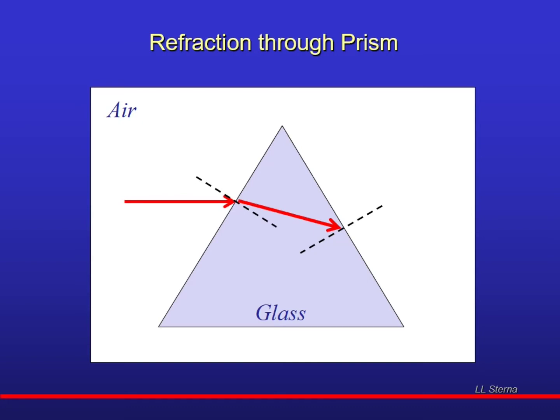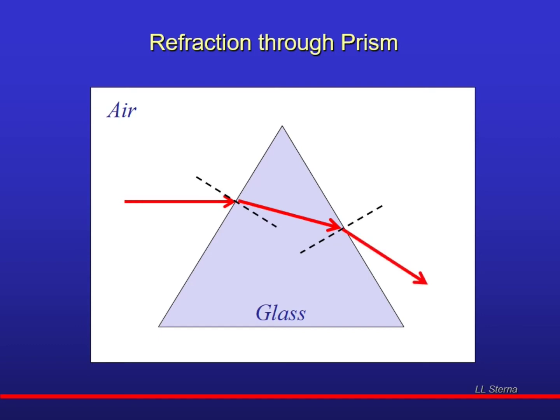You want to have a good feeling for how to draw the normal. See the one on the left, perpendicular to the left side, one on the right, perpendicular to the right side. Now when the ray of light crosses the boundary from glass to air, it's speeding up, which means it moves away from the normal. So it bends down again.